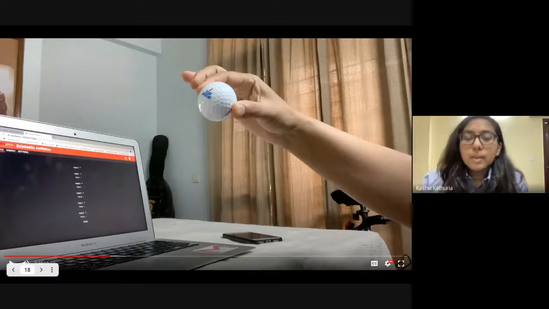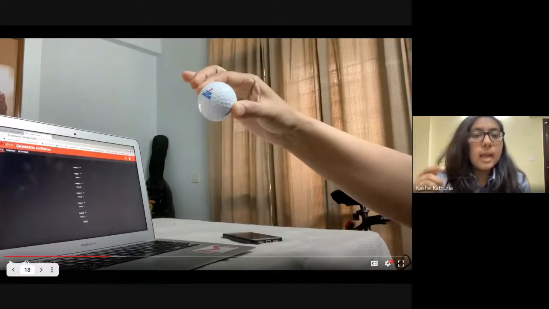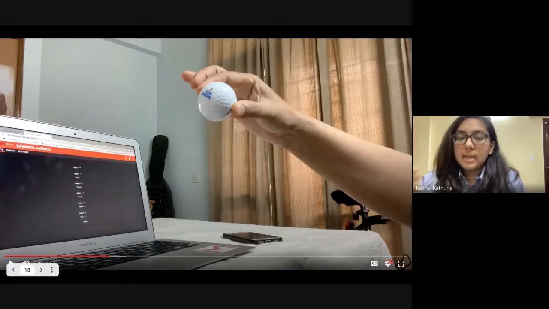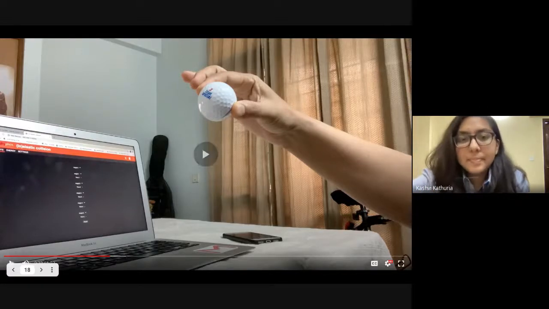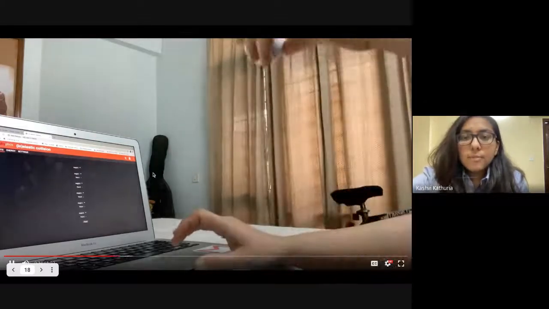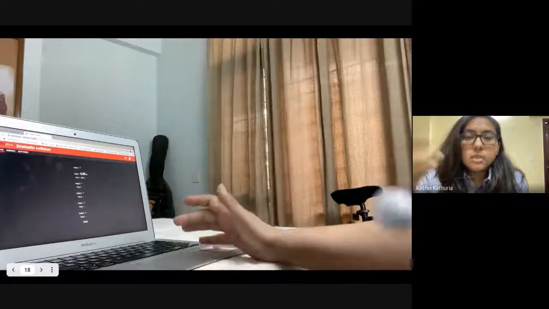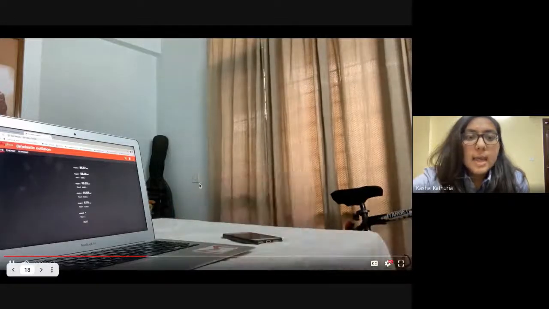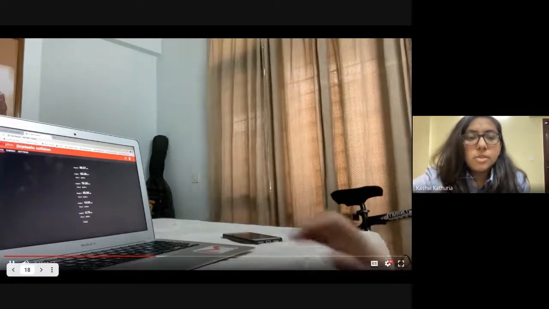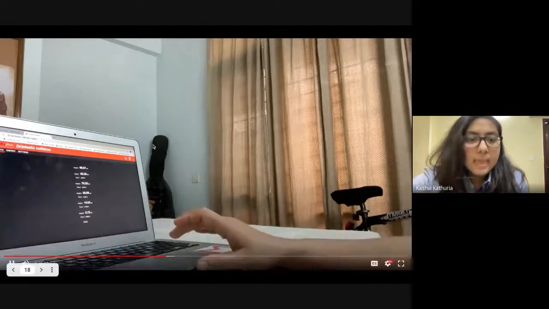With every audible bounce, it will be able to record the height and the time as well, as you'll see next. So basically, you have to drop the ball from a certain height on a surface or on the floor, right? And instantly, with every bounce, you will get some data.